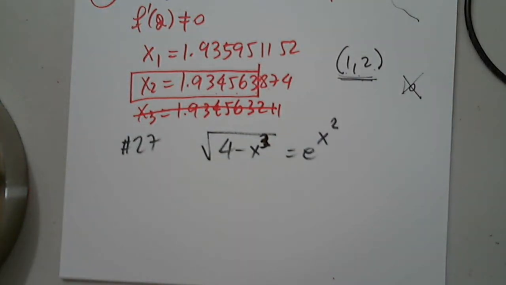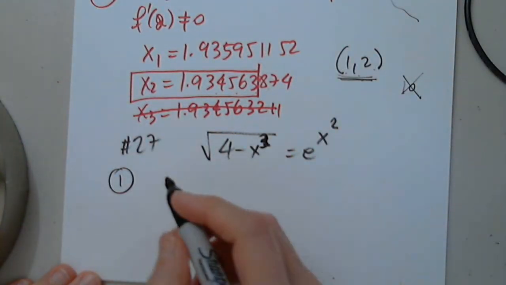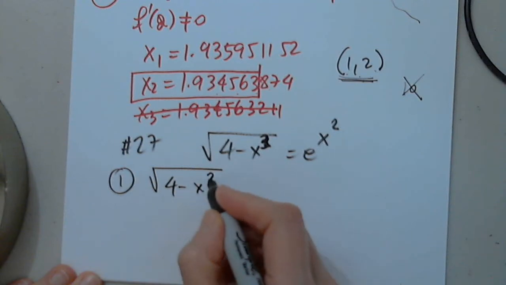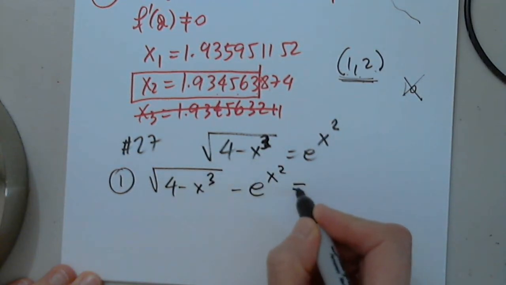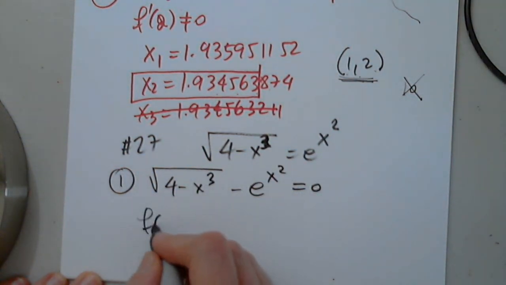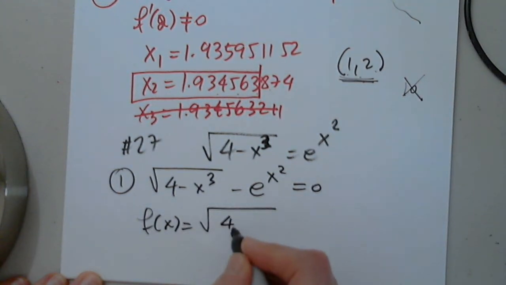Okay, so our first step is creating the function. So 4 minus x cubed minus e to x squared equals 0. So our function is weird.